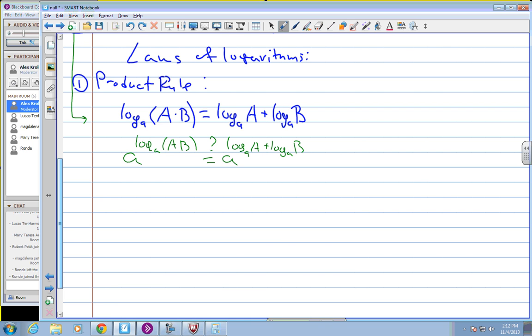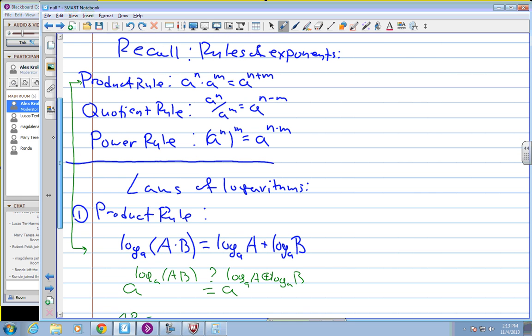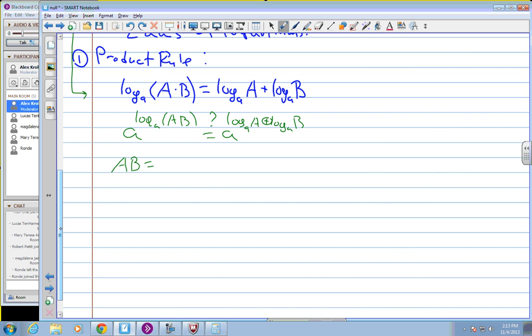Now, on the left side, by property number 4 of our logarithms, when you have a raised to the power of log of the same base, then the left-hand side will be just AB, whatever the input is. While on the right, I have a to the power that has an addition in it. And we know you add exponents when you multiply. So the right-hand side can be rewritten as a to the power log base a of A times a to the power log base a of B, just based on your rules of exponents.